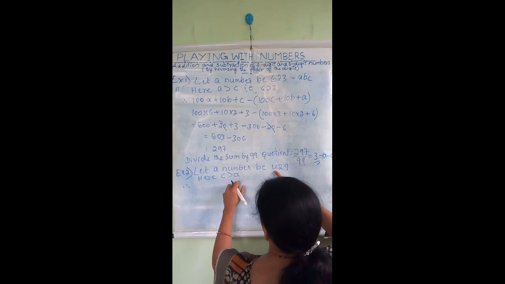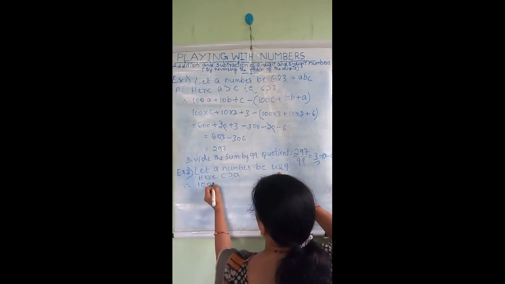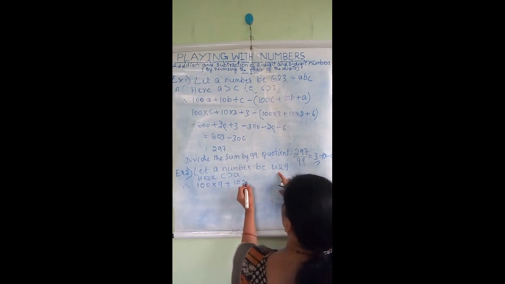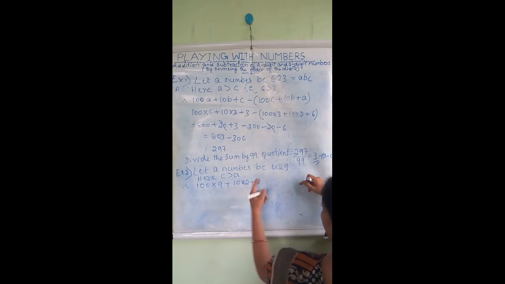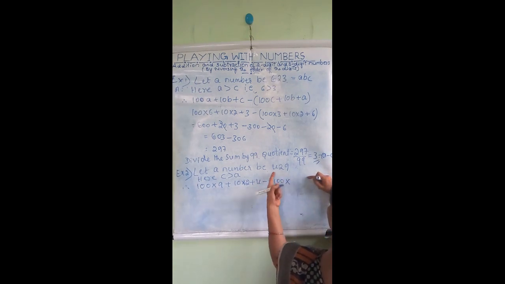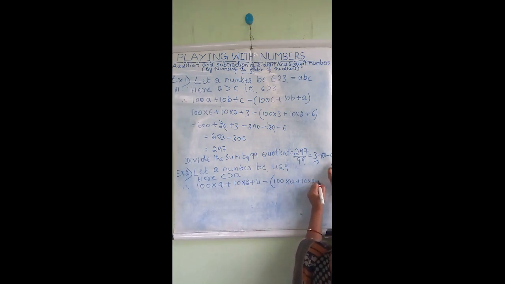Here C minus A, you will get the answer, meaning 100 into 9 plus 10 into 2 plus 4. Okay, CBA minus 100 into A plus 10 into 2 plus 9.